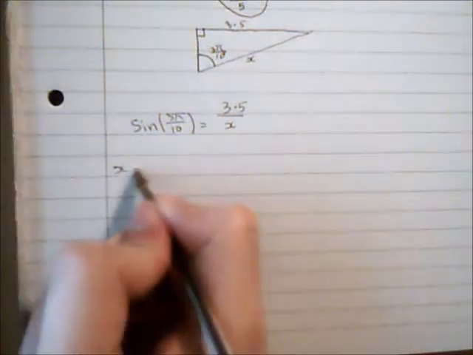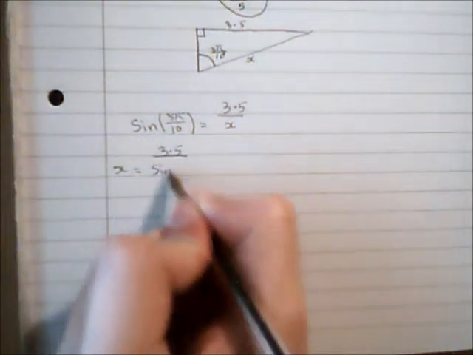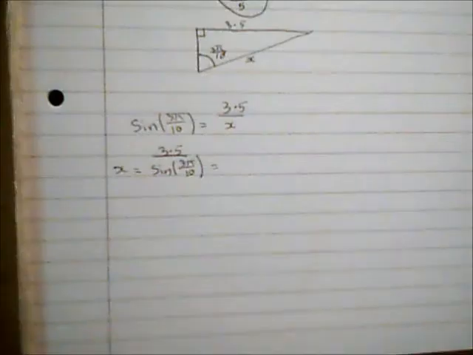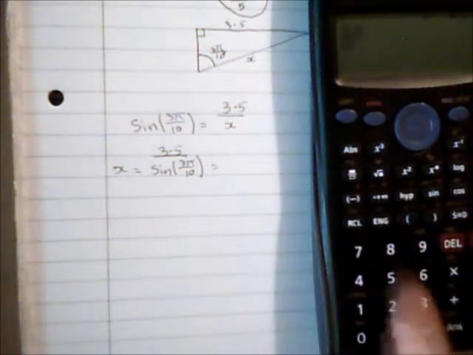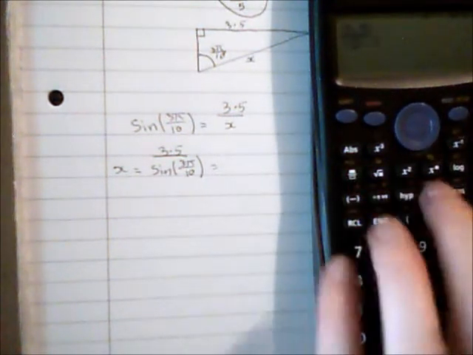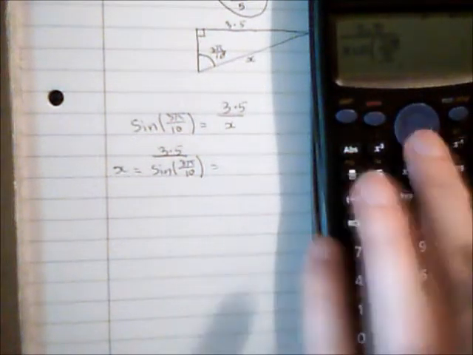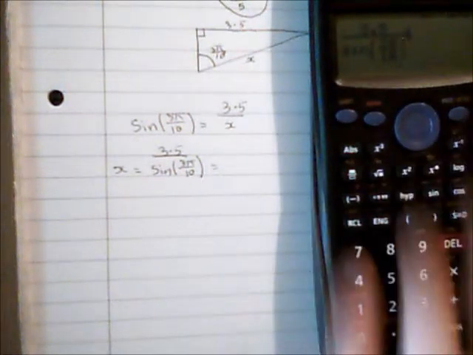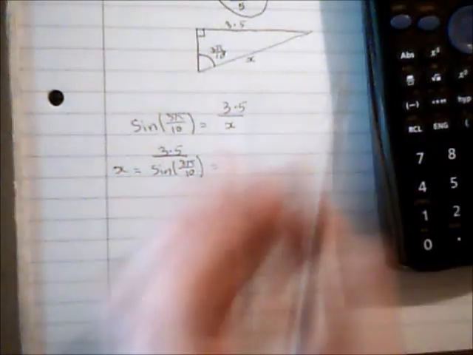So x is equal to 3.5 divided by sine of 3 pi over 10. So I'm going to evaluate that on the calculator now. And that's 4.33.